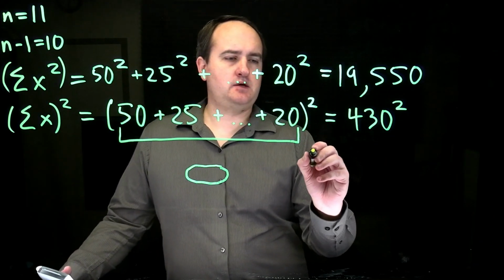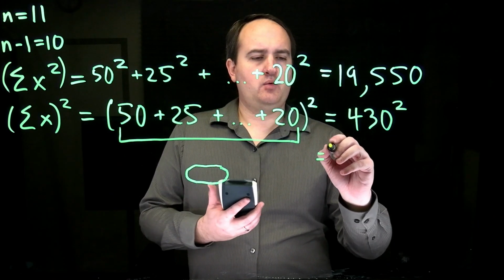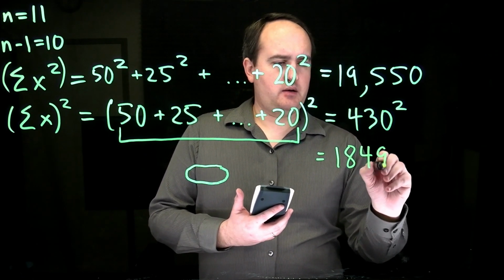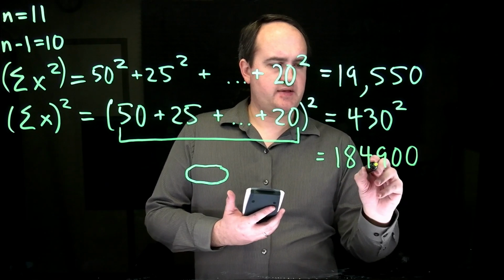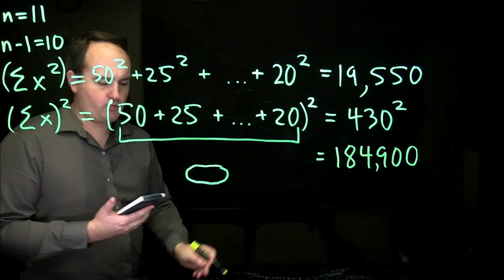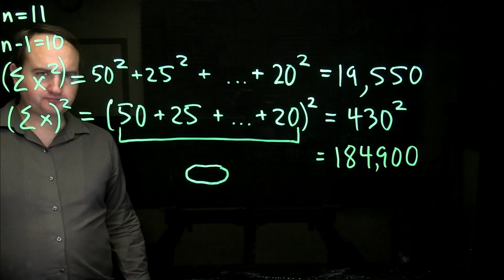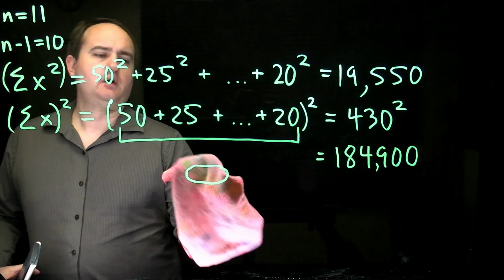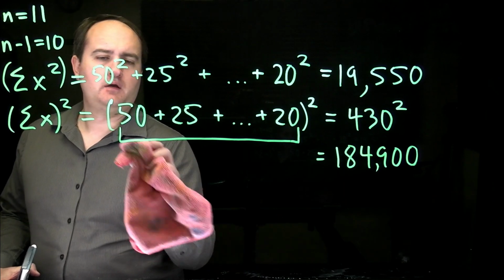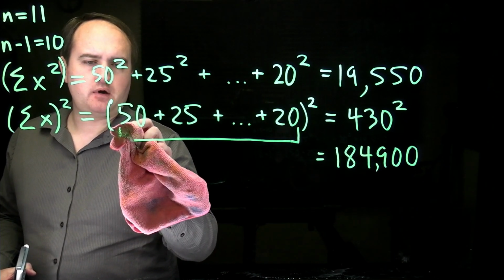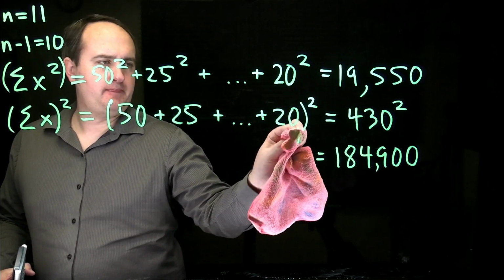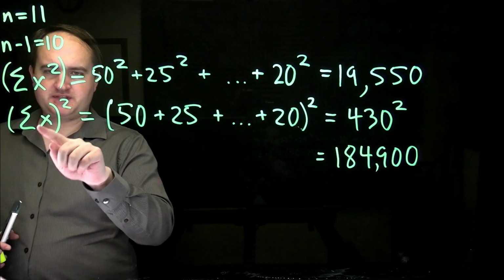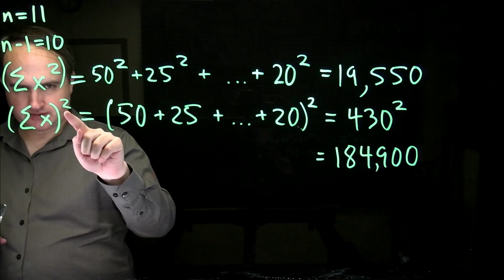So it gives us 184,900. All right, so that is parentheses sum of x parentheses squared.